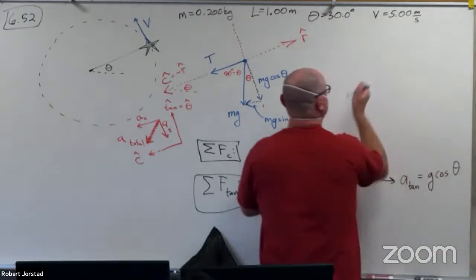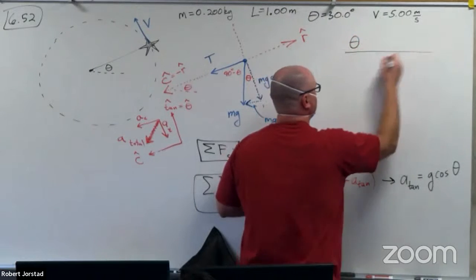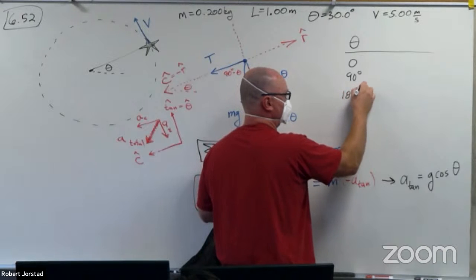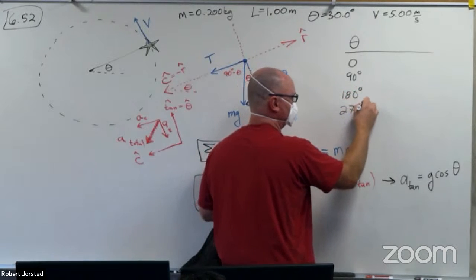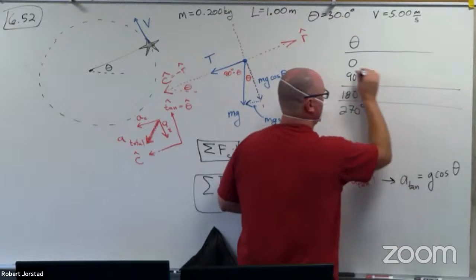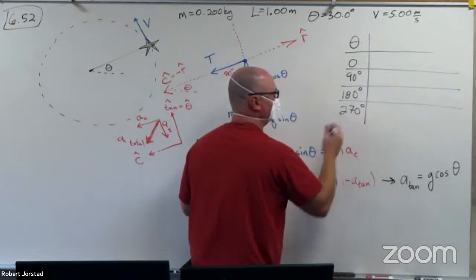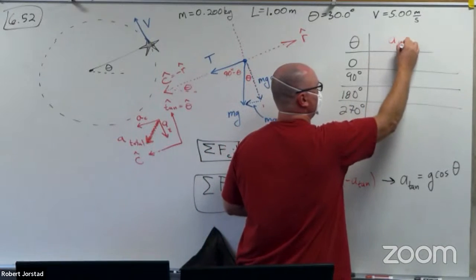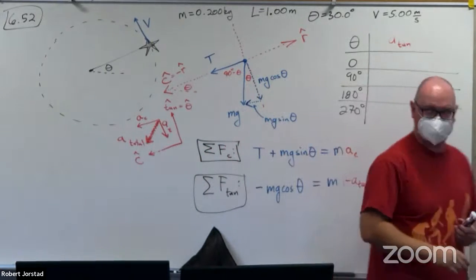So let's look at this. If theta is equal to 0, 90 degrees, 180 degrees, or 270 degrees, just do me a favor, and let's plug in for A tan. Now don't worry about it. What's cosine of 0?